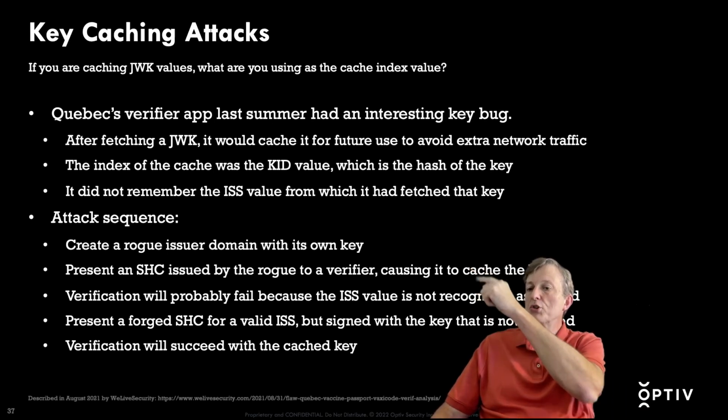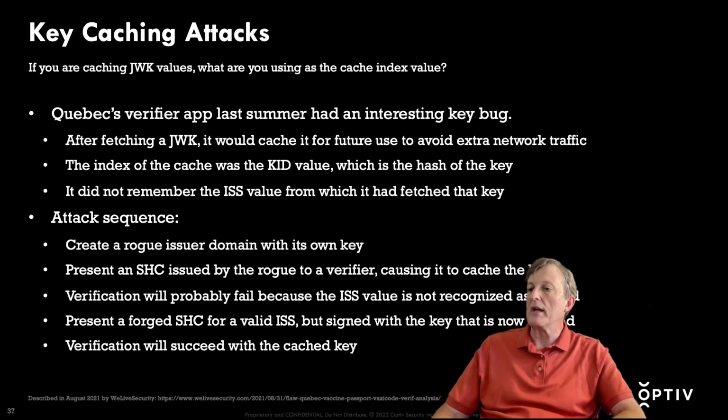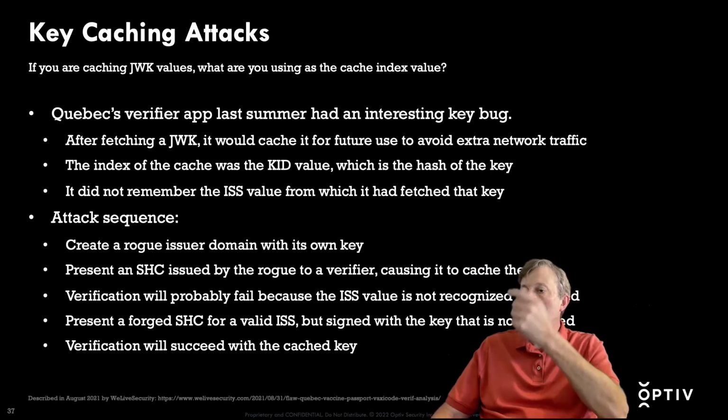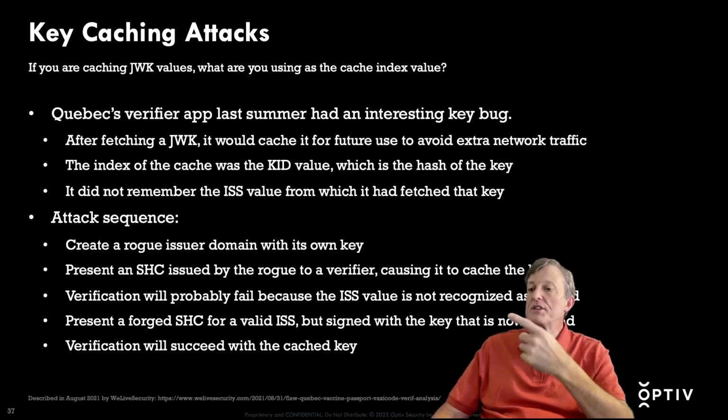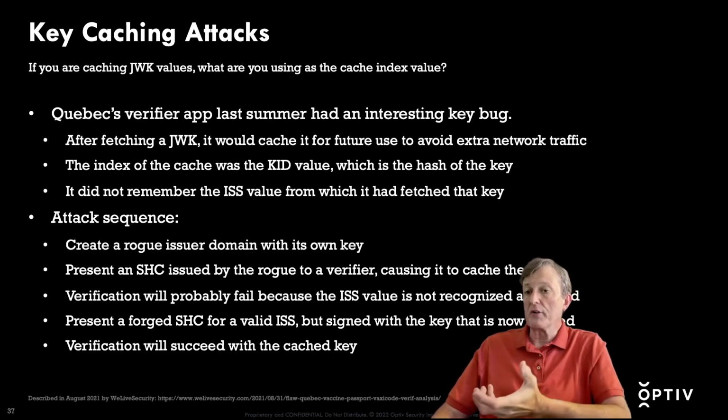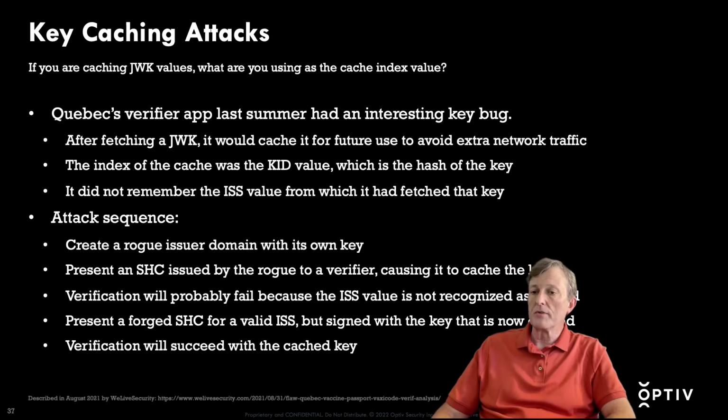You could create your own rogue issuer domain, create a key on it that you control, and present a smart health card to a verifier. Like if you're going up to enter a restaurant, show them the code, right?